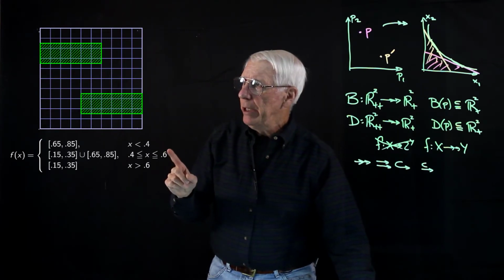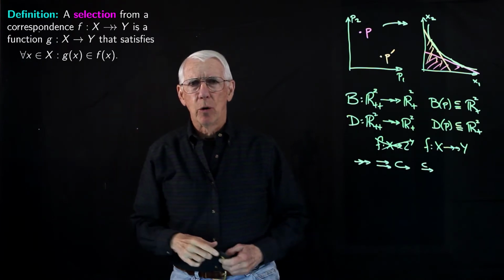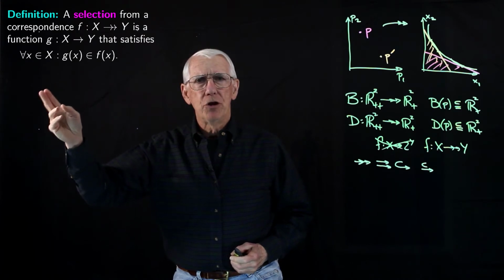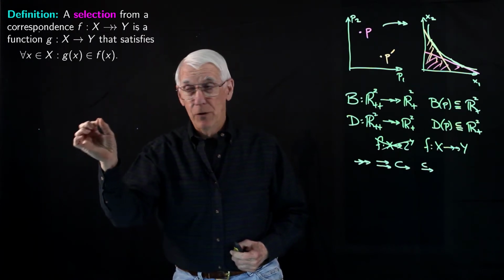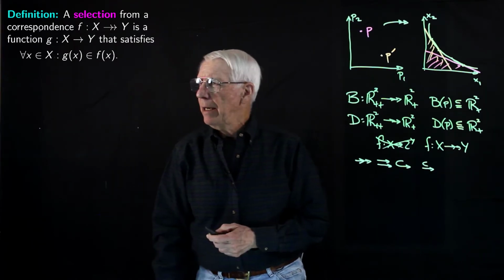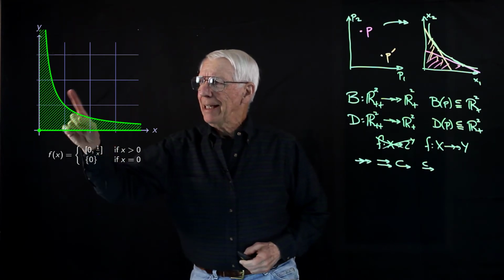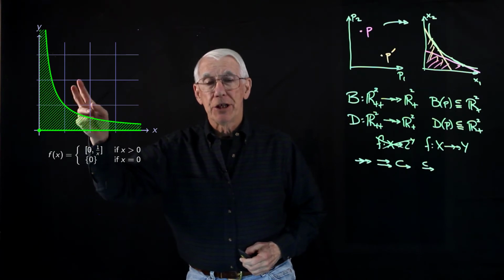The next thing we have here is the notion of a selection from a correspondence, and all that is just a function. So I've used g here to name the function, which is a single-valued function, which is a selection from the correspondence f. Let's take this example here. A selection g from this correspondence would be, again, a single-valued function.